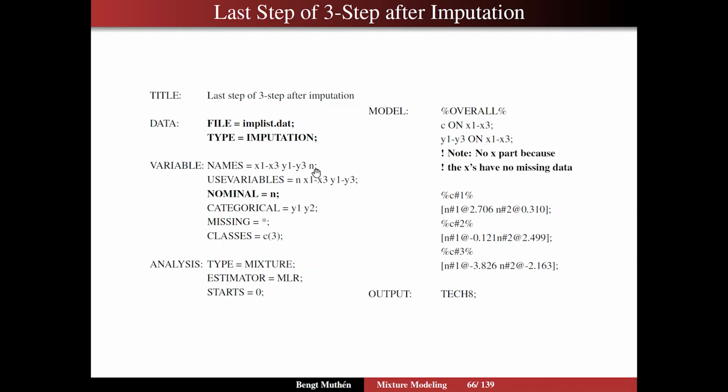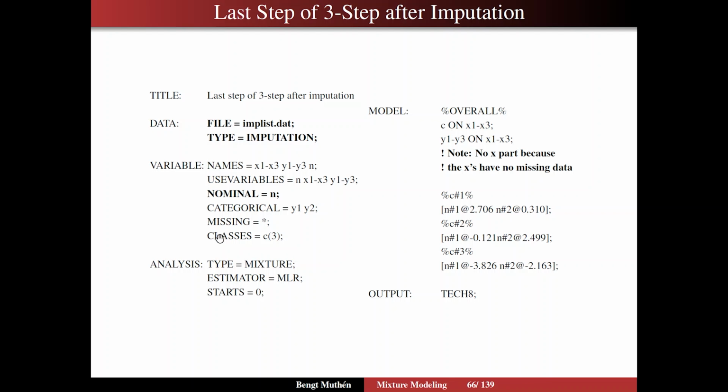And the variables are the ones we saved, and we use these variables in the analysis in the model over on the right, and the n is a nominal variable and the y1 and y2 are categorical, and missing is like before, 3 classes, starts equals 0 because it is the last step.